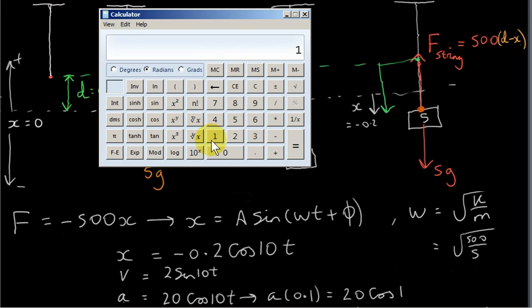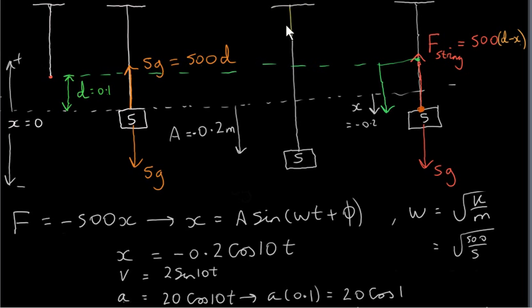So we get the cos of 1 radian, and multiply by 20. So we get 10.81 meters per second squared. So this is the acceleration vector. It's positive. But we're just interested in the magnitude, so we can leave our answer like this. The magnitude is also positive.